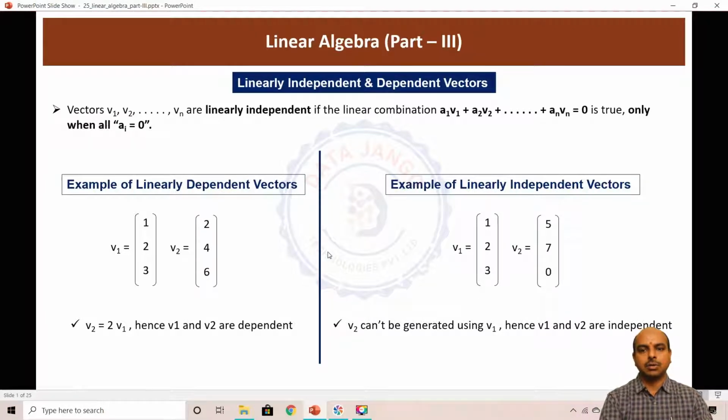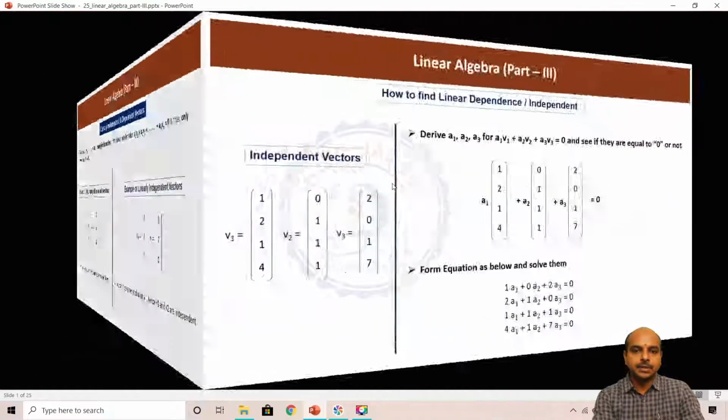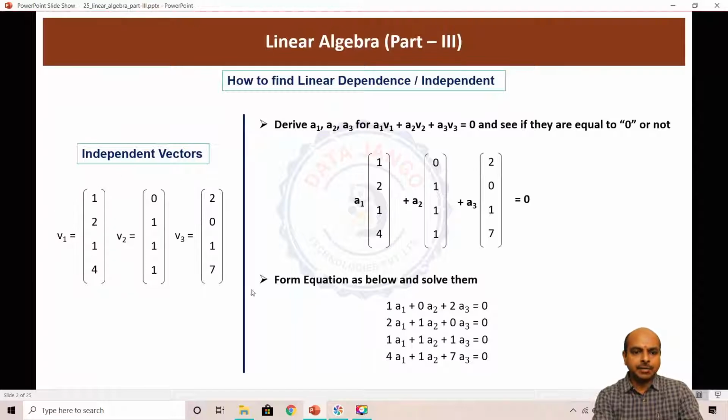Let us see how mathematically you can find out whether two or more vectors are linearly dependent or not. I have taken 3 independent vectors. I already know because I derived them. So I have taken 3 vectors, each vector of dimension 4. When I say a vector of dimensionality 4, that means it's one column with 4 values.